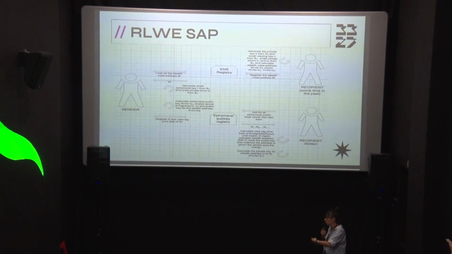So in order to calculate her public key, she will multiply the public polynomial with her private polynomial and add a polynomial of errors. Okay, and she will obtain this, and this will be Alice's public key. And she will put this public key in this ephemeral public key registry.